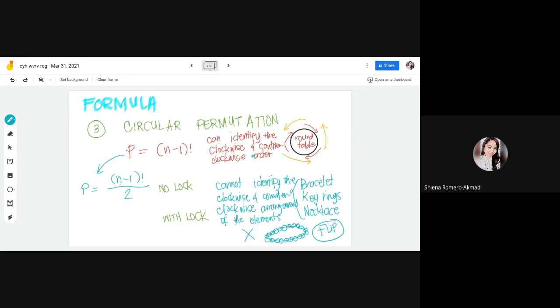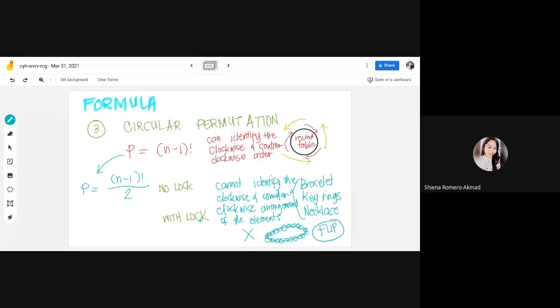Kaya lang, dahil hindi natin alam yung counterclockwise at clockwise, ang mangyayari dyan, may mga arrangement na mauulit. Pag naulit yun, syempre, dapat i-consider natin yun as isa lang. Kaya nga tayo nag-divide sa 2 kasi pag binaliktad mo siya, pareho lang yung arrangement dun sa kapag binaliktad mo pa siya ulit. Dalawang beses mo siya pwedeng i-flip, diba? Ito yung face niya, facing up, and then if you flip it, it is now facing down, right? So, pareho lang yung arrangement nun.